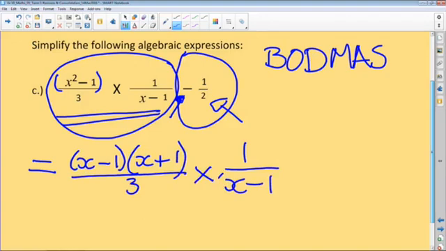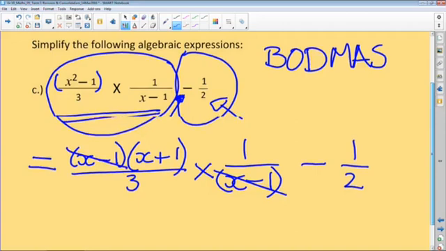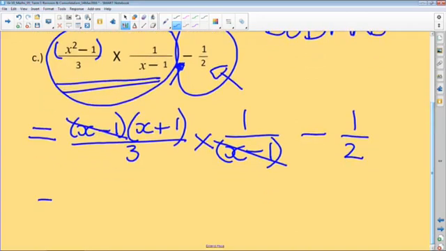Now you remember that the only way we can cancel 2 terms in a fraction, let's just put the other term in, is if we cancel them together. So that can cancel with that, and now we are left with a multiplication problem of x plus 1, and I'll keep it in brackets, over 3 times 1 over 1.